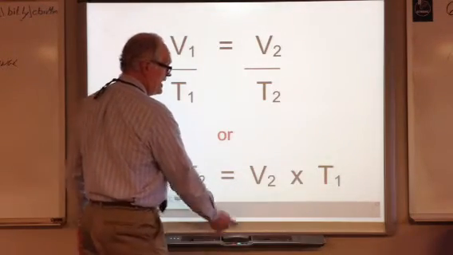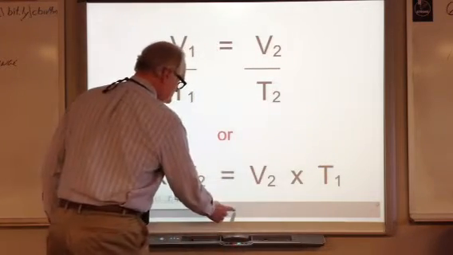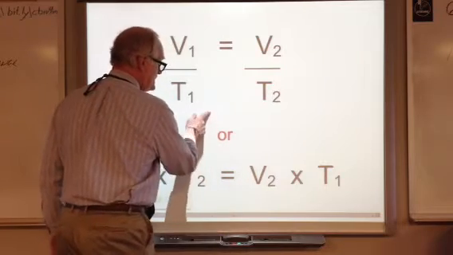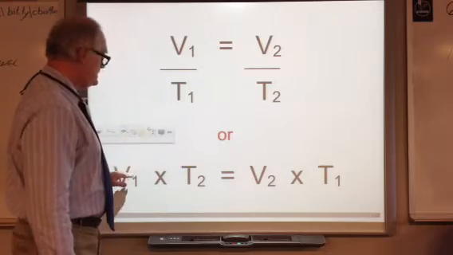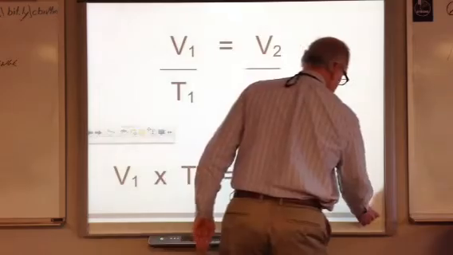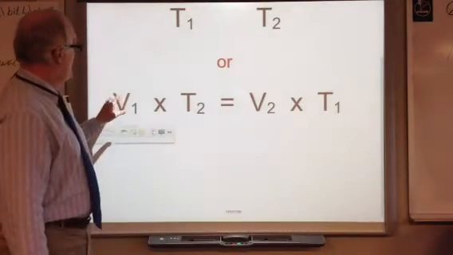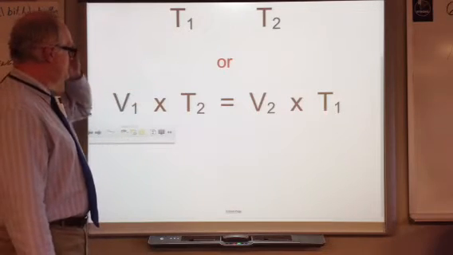So here's another way that we can write Charles' Law. We can take that same equation and write it this way, and that is sometimes a little easier to deal with mathematically. So it's the same thing, same equation. But now, instead of having the fractions, we're just doing multiplication.